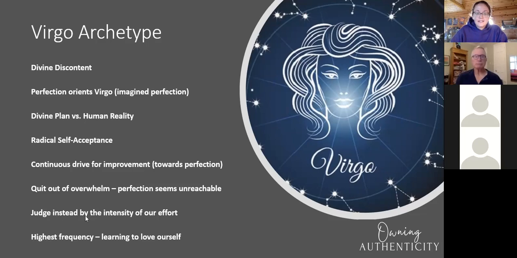We talked about judging instead by the intensity of our effort, not achieving perfection. The highest frequency of Virgo is learning to love ourselves. He said that is the goal, the evolutionary intent of Virgo energy. And Virgo energy is set up to fail the most at loving themselves because they are so painfully aware of every single imperfection, every single opportunity for improvement.